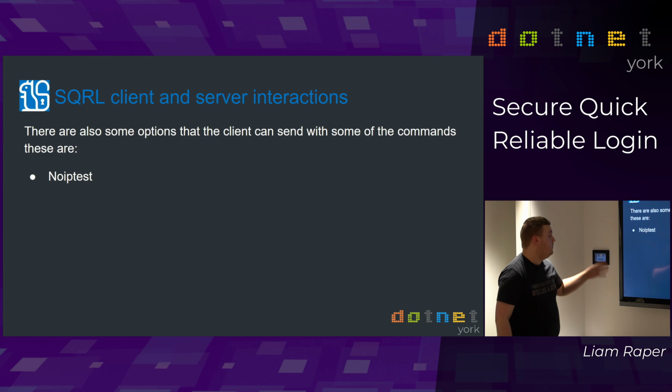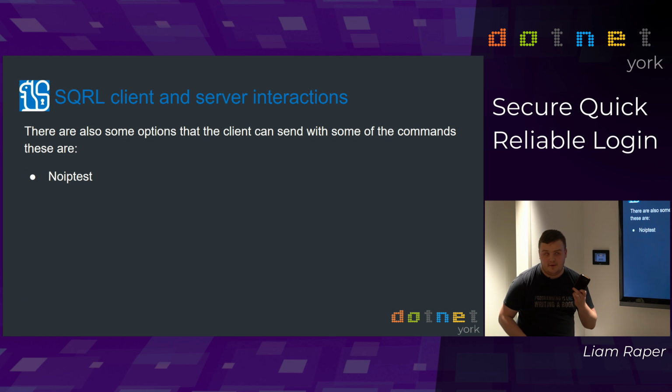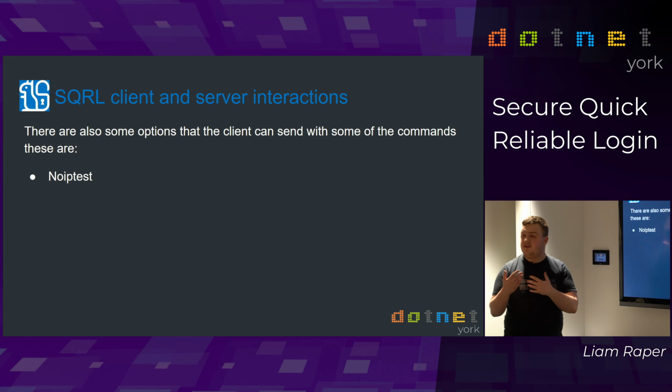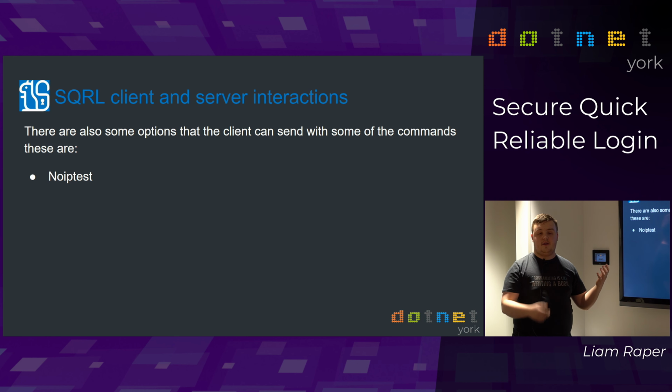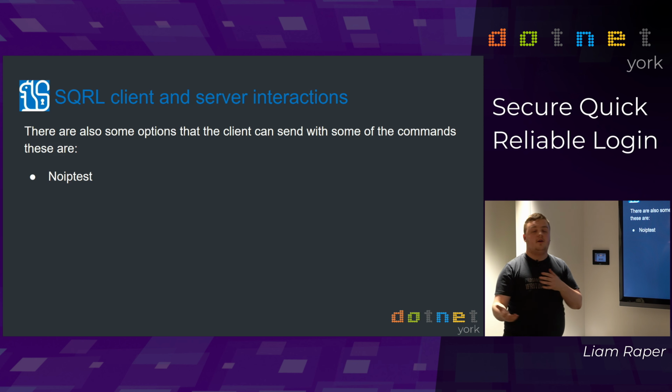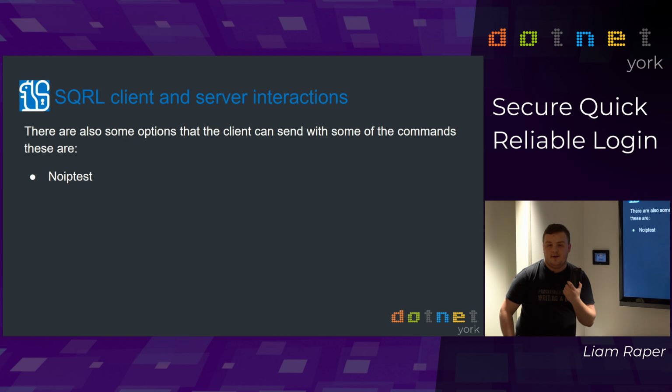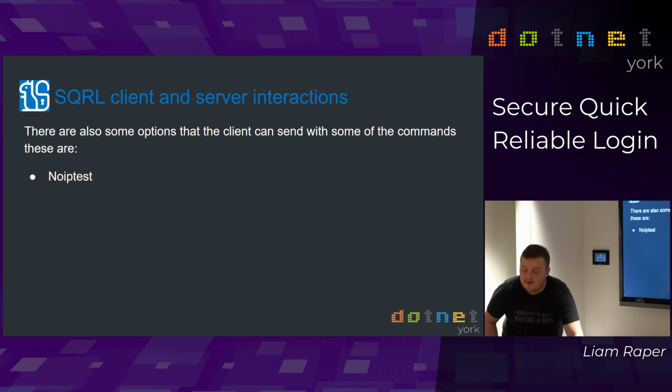So we've got no IP test. For instance, if I was using my phone to log in, if I'm scanning a QR code, the client is going to send the no IP test to the server. It tells the server not to check the IP address that you've associated with the first nut against the current IP address, because I may be on cellular, on my phone's data, rather than the Wi-Fi that my laptop's on.